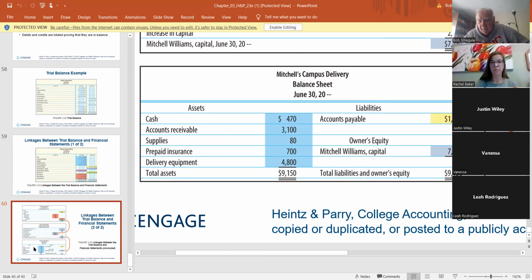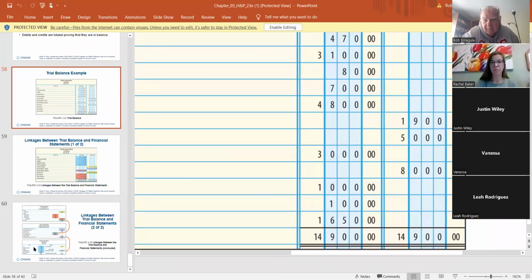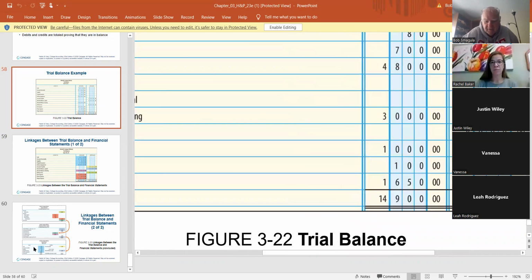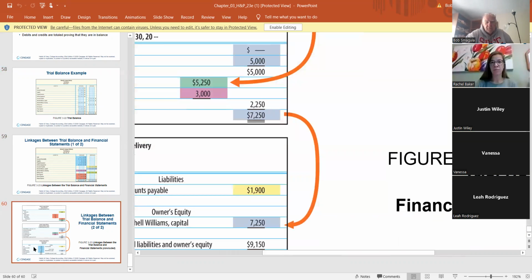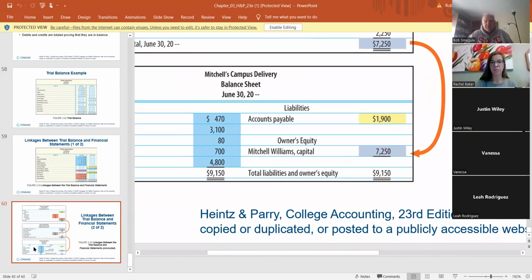Because when we began the business, we had equity of, what was it? $5,000, capital 5,000. That number has now changed to 7,250. So there's your balance sheet. 9,150 in assets equals 9,150 liabilities and equity.